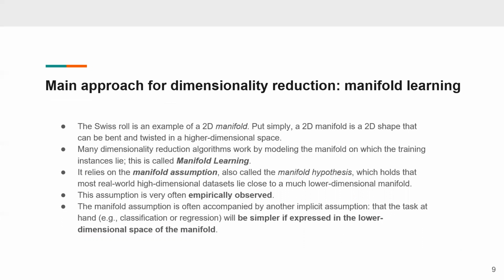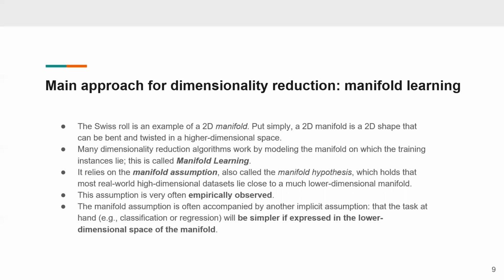Put simply, a 2D manifold is a 2D shape that can be bent and twisted in a higher dimensional space. Before you unroll and after you unroll, it's a 2D shape. But if you roll it together, it shows in 3D space. So again, a 2D manifold is a 2D shape that can be bent or twisted in a higher dimensional space.